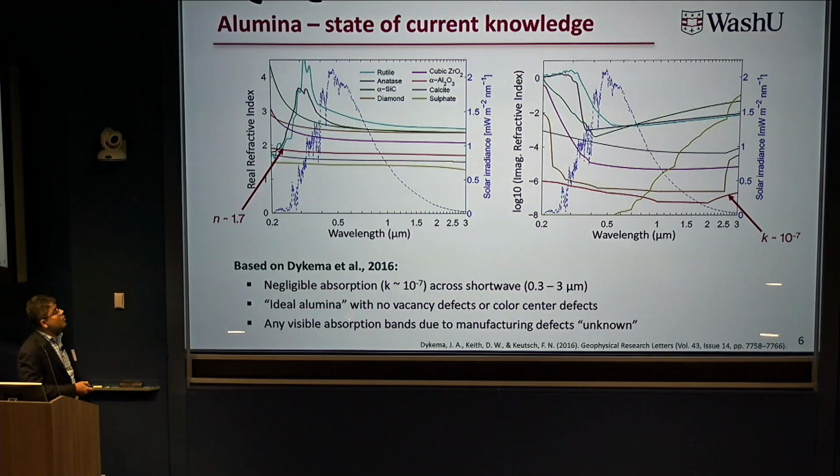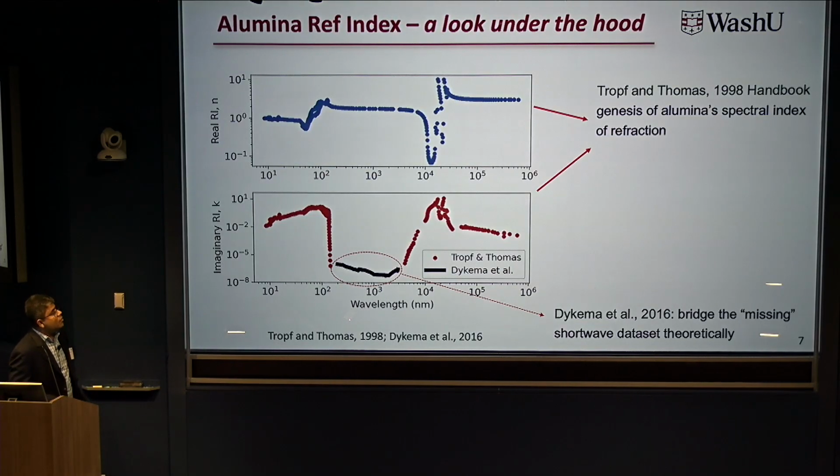And the root of the problem, if you look under the hood, is that the whole genesis of it is in this handbook of 1998, where you had all the data sets corresponding to the index of refraction calculated by different groups, compiled.